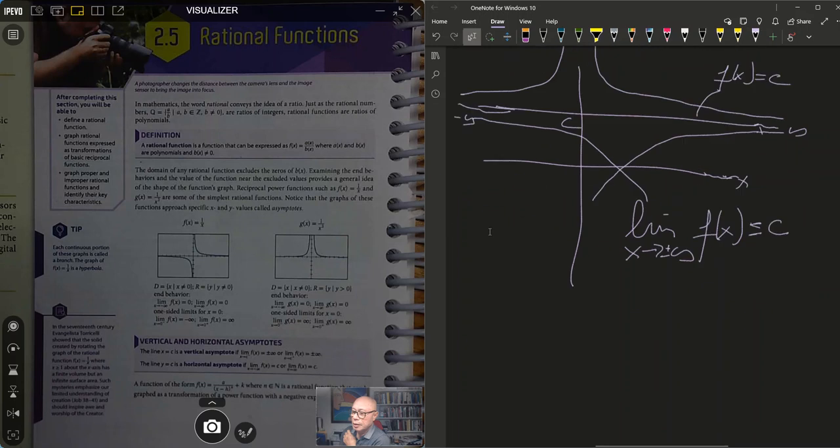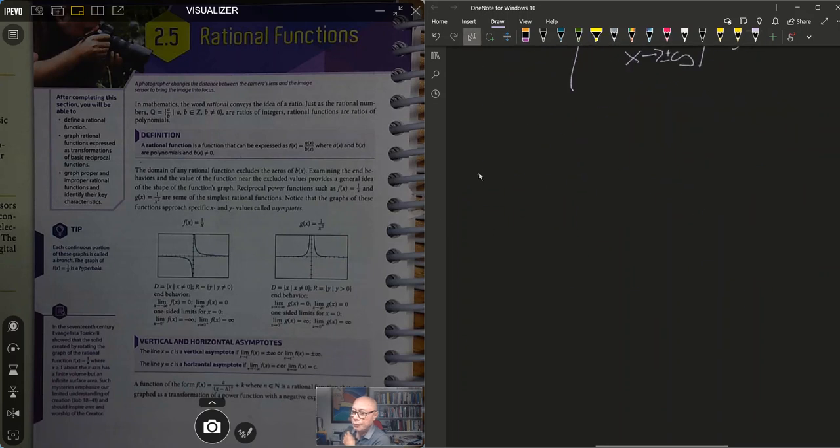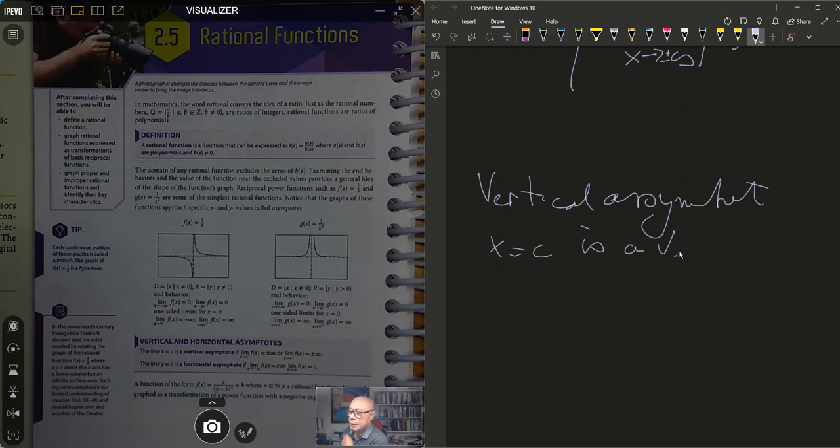So we have a vertical asymptote. x equals c is a vertical asymptote if the limit of x going to c, for example from the right, then the f(x) value would be infinite, either positive or negative.